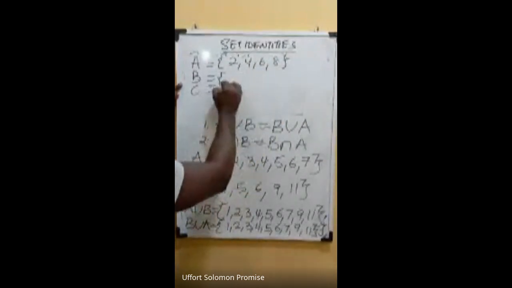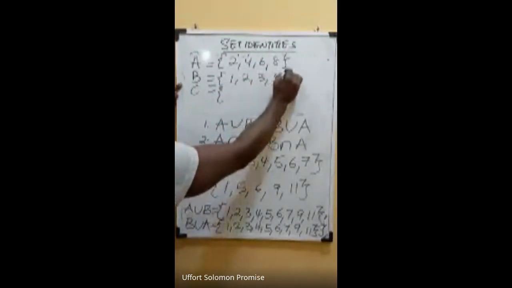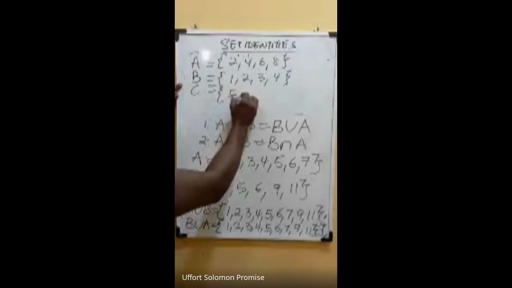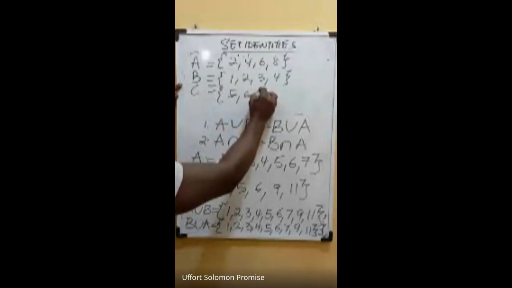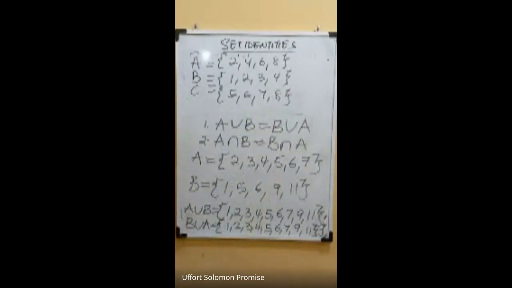And another one is 1, 2, 3, 4. And maybe 5, 6, 7, and 8. What was the question? I just formulated another one. Is it that to represent C union A?